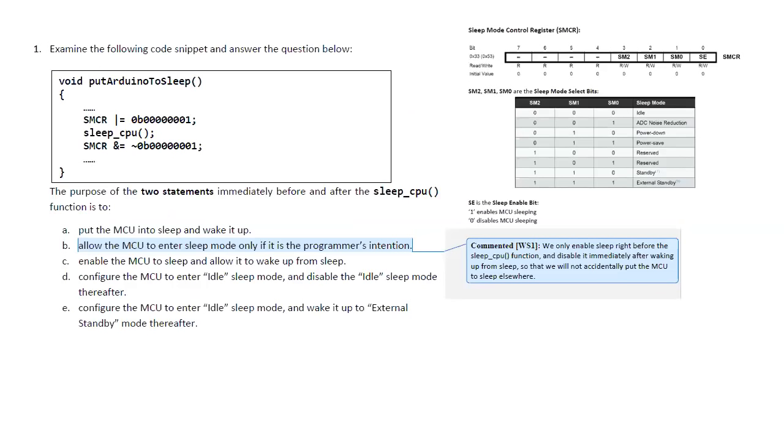The first line of code activates the sleep enable. When I set SE equals to 1, which is given in the question itself, you enable the MCU to go to sleep. And then I call the sleep CPU function.